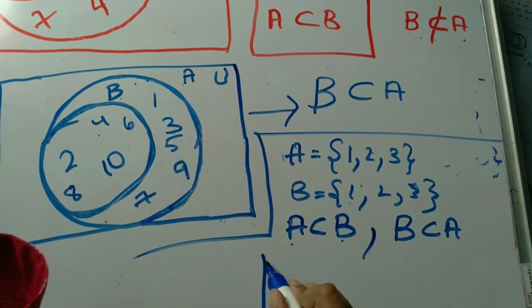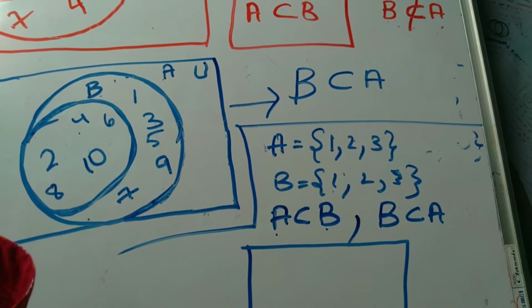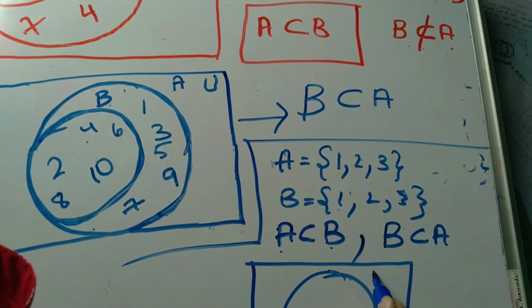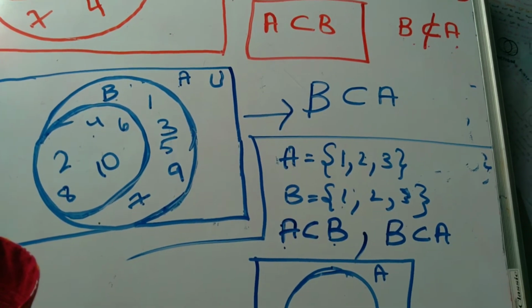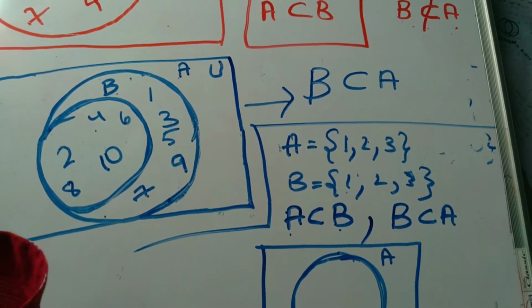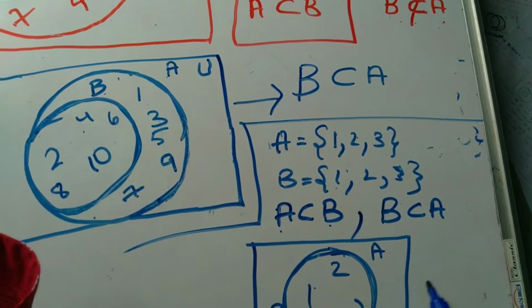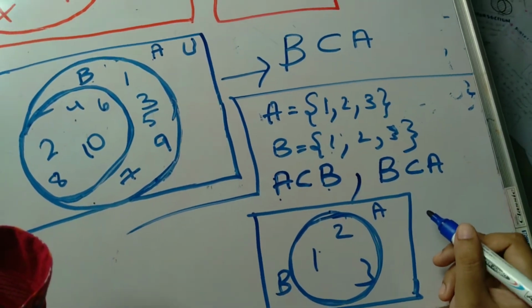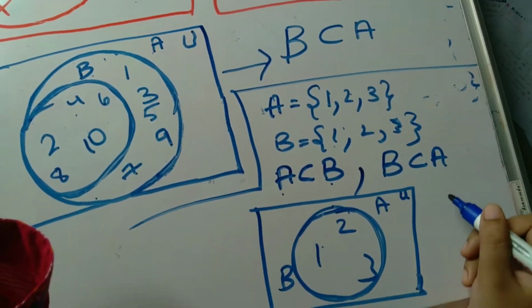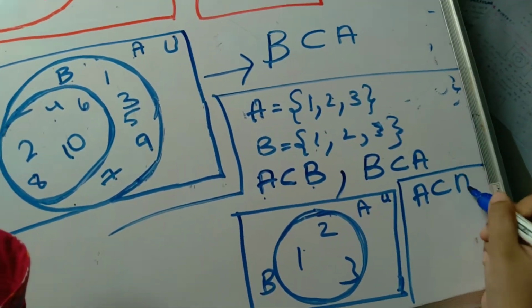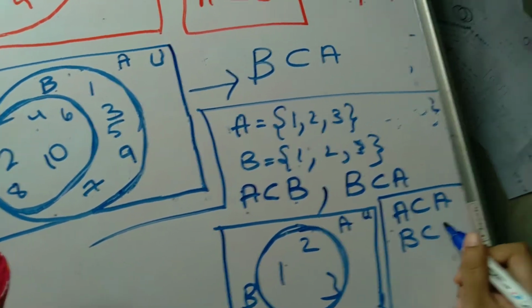How can we represent this in a Venn diagram? There is a set A, and again there is a set B, where all the elements are 1, 2, 3. Then we can conclude that A is a subset of itself and B is a subset of itself.